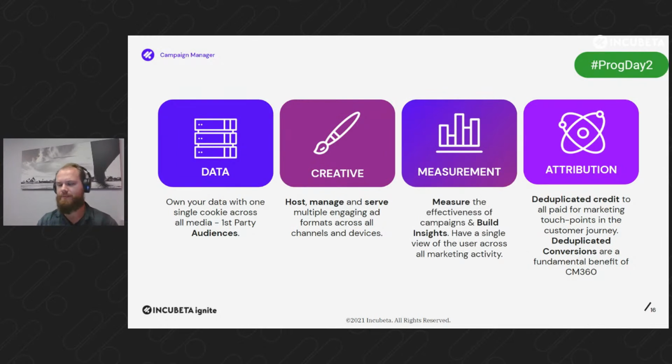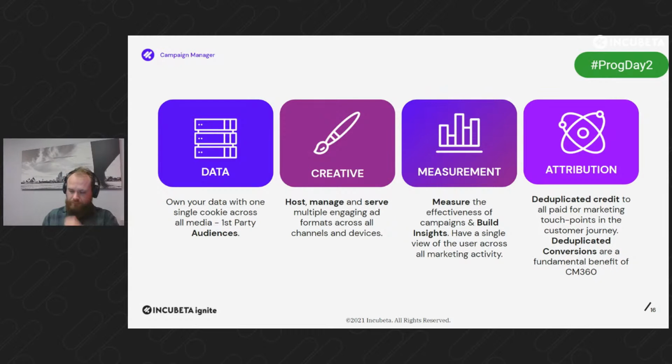So looking at measurement, one of the most fundamental aspects of a digital marketing campaign is to have a measurement framework in place before we start the campaign, or as close to the start of the campaign as possible. For a number of reasons, one of the most crucial is that if we have a single KPI or a KPI framework, we're able to make our changes, optimizations and adjustments based on that framework.